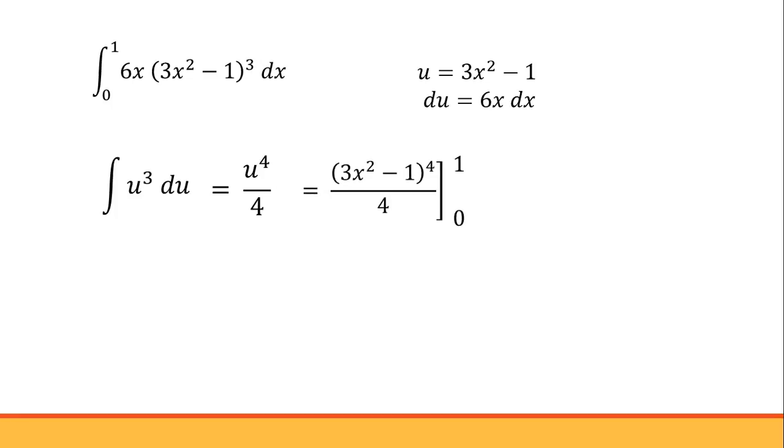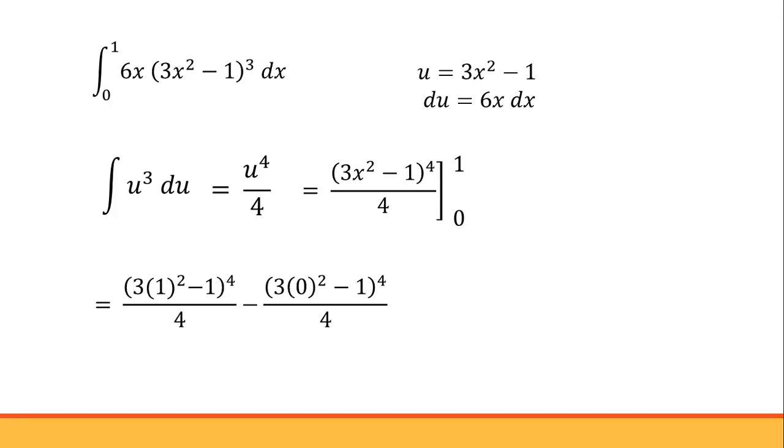So we'll substitute 3x squared minus 1 for the u. And now that we're back to our original variable x, we can evaluate at our original limits of integration from 0 to 1. So we'll substitute a 1 for our x and a 0 for our x, and then subtract. And we have a final value of 15/4.